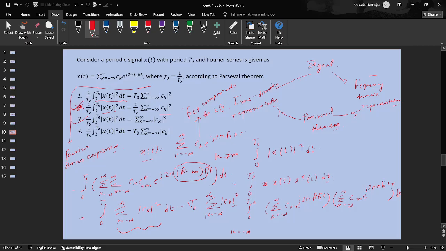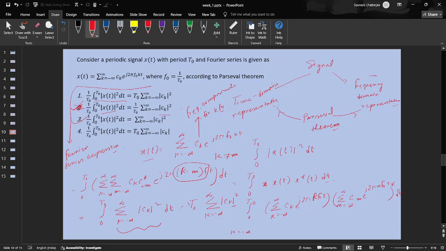On the left side we have our expression, where xt is continuous, so it's a power expression in the time domain. On the right-hand side it's a summation over discrete values, and discrete values appear because your xt is periodic, so it has a Fourier series representation whose frequency domain representation only contains non-zero spectral components at the harmonics of the fundamental frequency. So that connects the power with the spectral components.